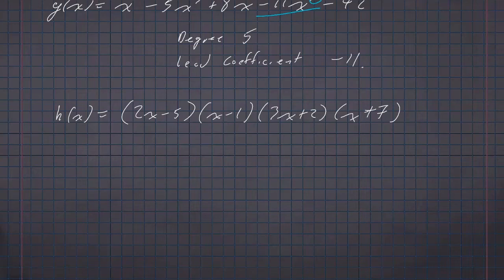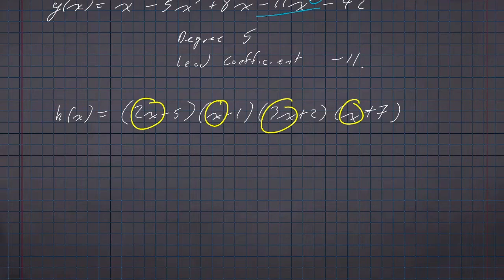In the first factor, the highest exponent is on 2x. In the second factor, the highest exponent is on x, and then 3x and x. In this case, everything just had x and constant. Sometimes you'll have something that has an x squared in it as well. But to find the lead coefficient and the degree, we can simply multiply together these terms. 2x times x times 3x times x, all told is 6 times x to the 4th.